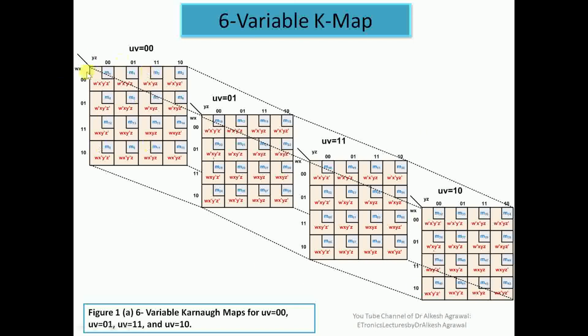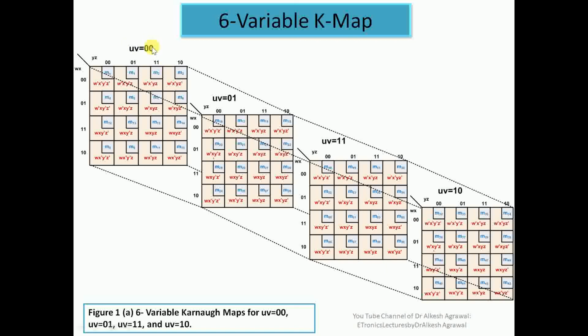In the first map we have M0 to M15. In the second map, that is UV equal to 0 1, we have M16 to M31. In the third map, for UV equal to 1 0, we have M32 to M47. And in the fourth map, for UV equal to 1 1, we have M48 to M63.